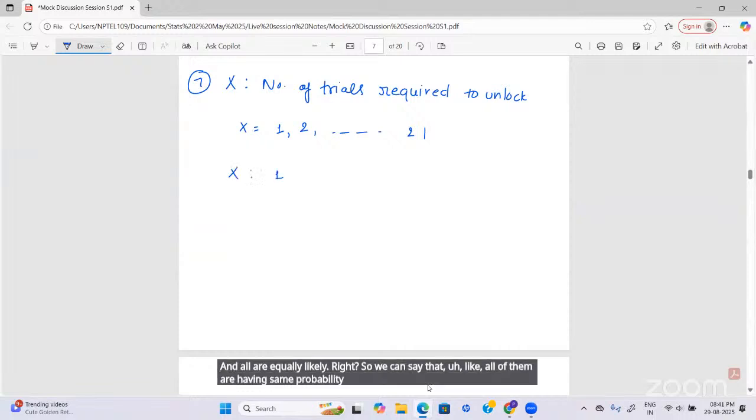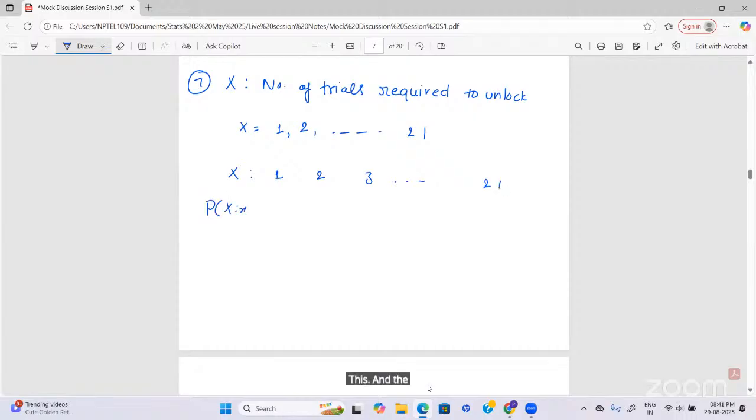We can write the PMF of X like this, and the probability will be 1 by 21 for all the values, because they are equally likely.